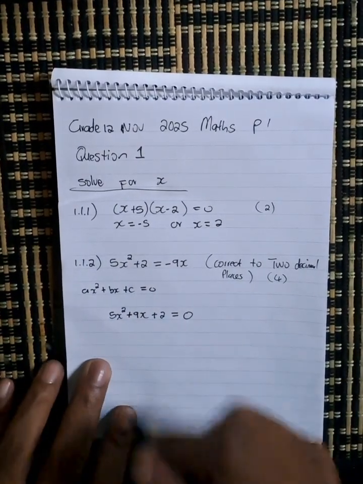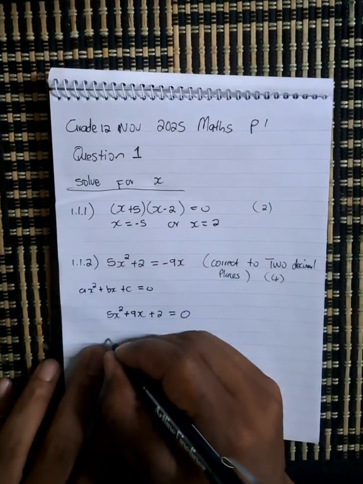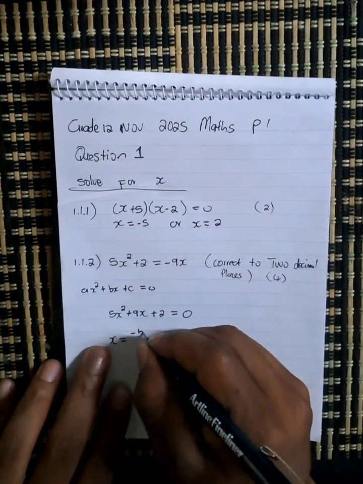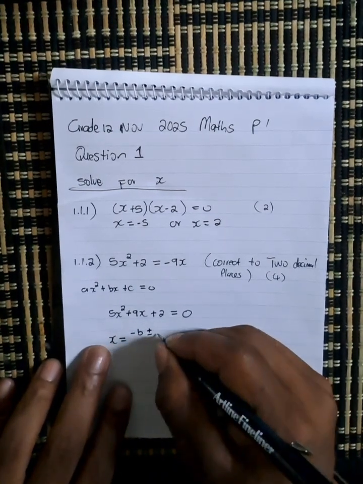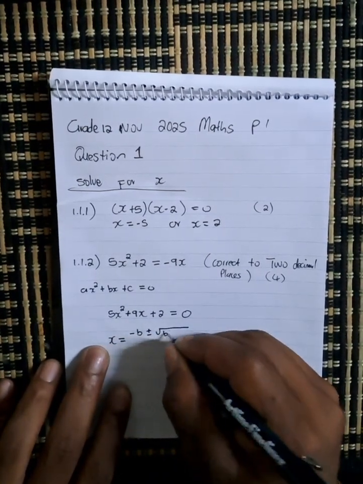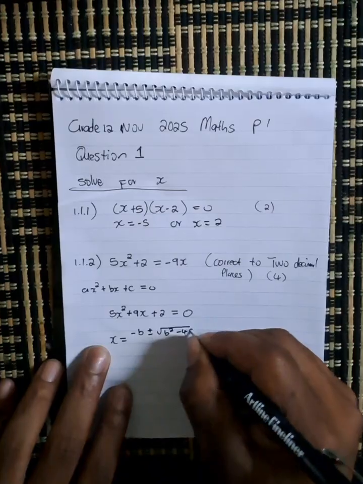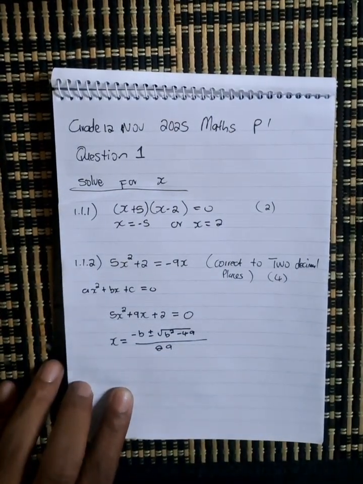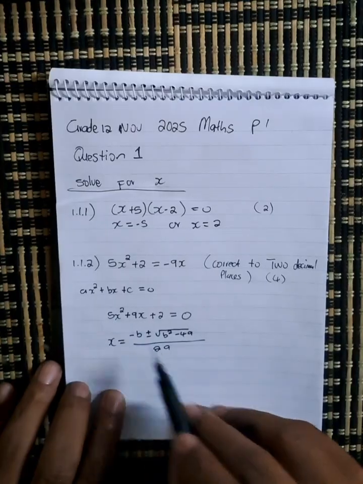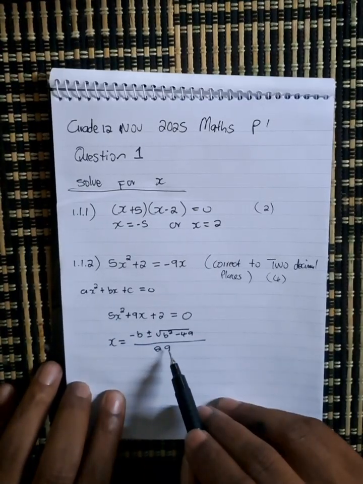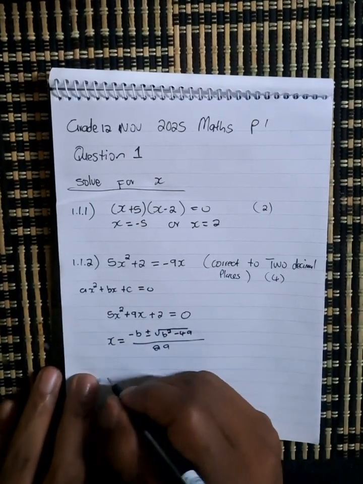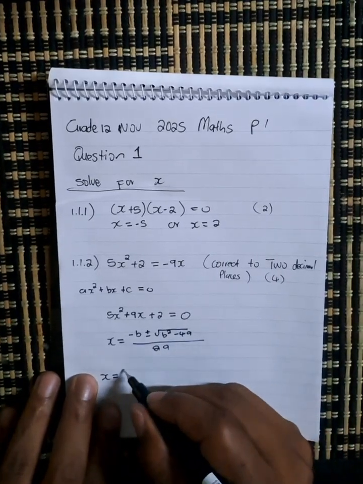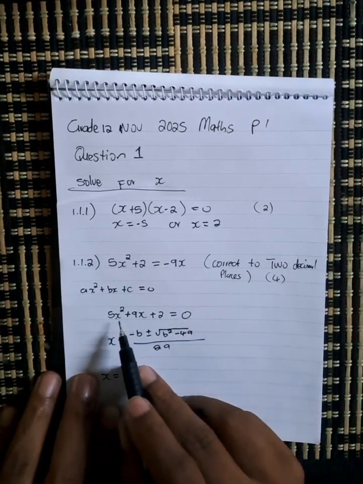So if we have something like this, we're just going to use our formula: x equals minus b plus or minus the square root of b squared minus 4ac, all over 2a. Now we plug this into our formula and put it in the calculator. What is minus b here?